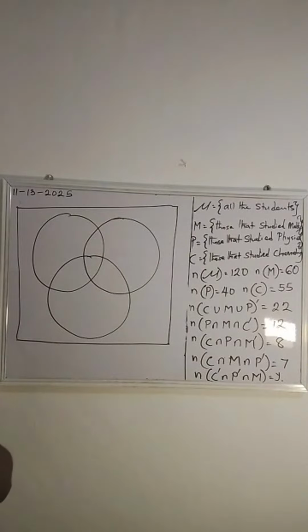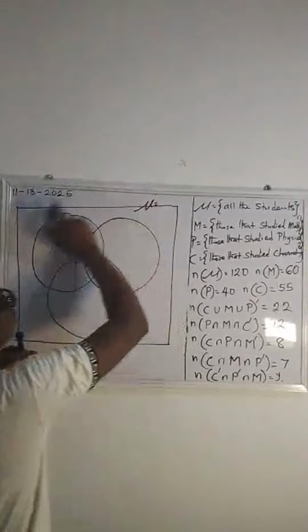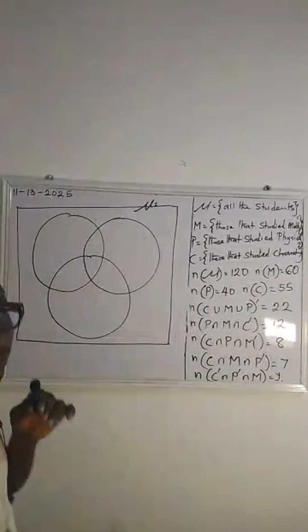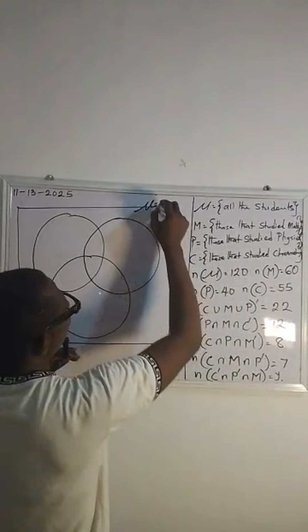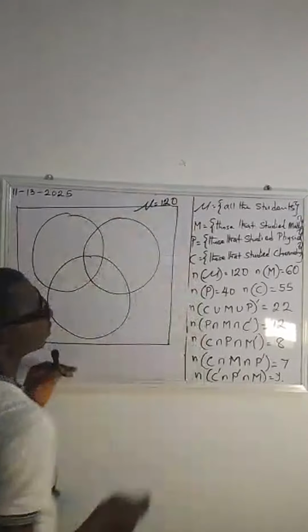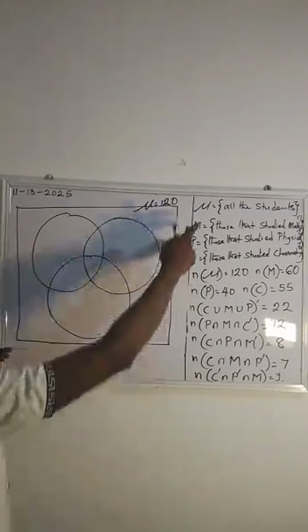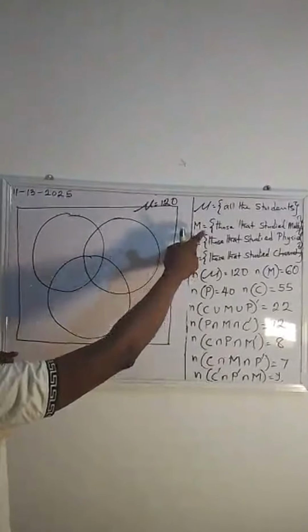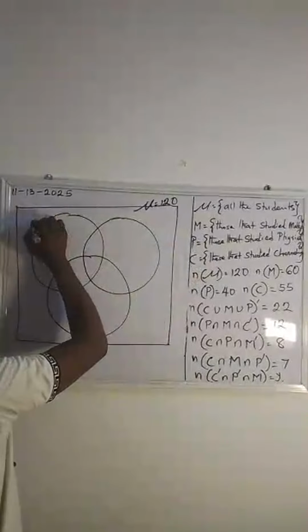All right. So the universal set, the total number of students in this rectangle, they are all 120. The total sum is 120. All right. And we have 3 major sets. We have set M, set P, and set C. Now, let's call this one set C.